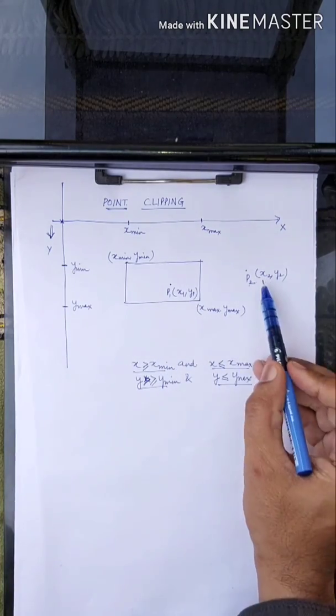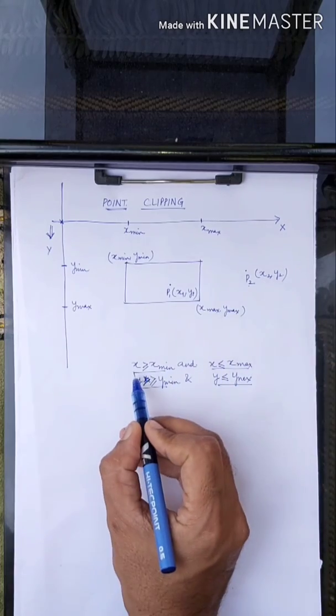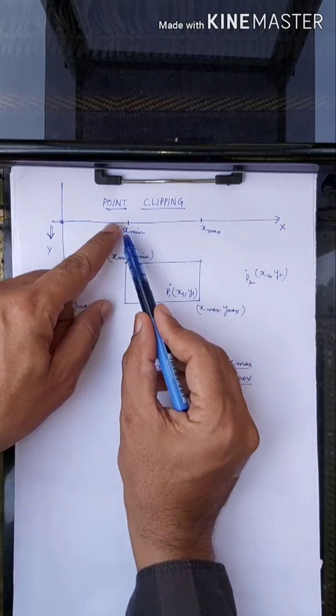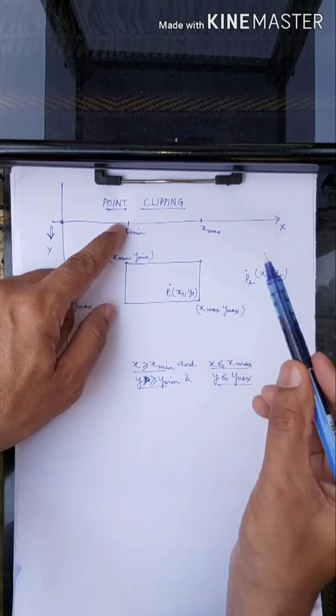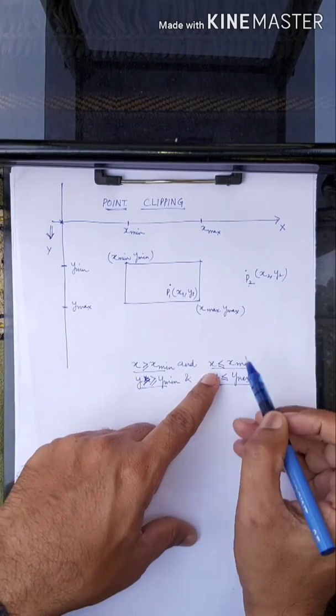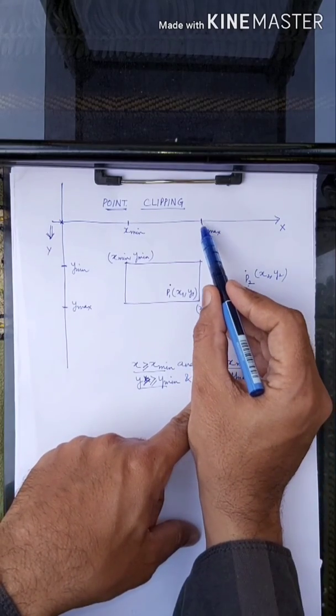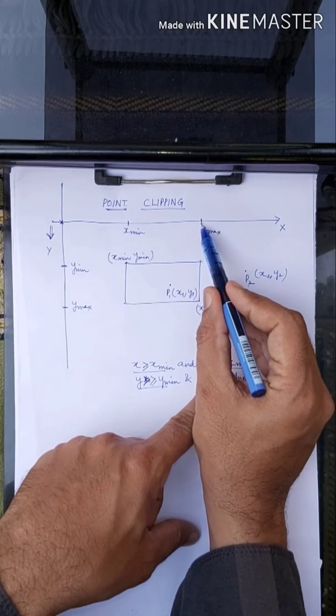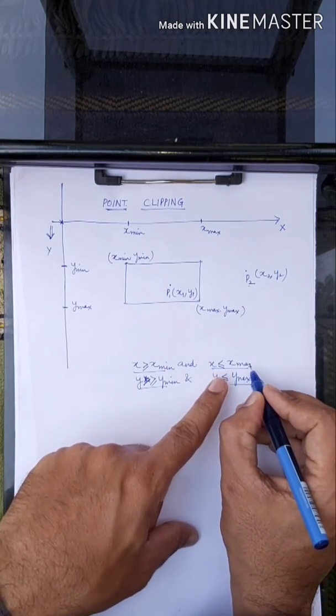But you see, x2 is greater than x min. X min is this, x2 is this, is greater. So this condition is satisfied. X2 is less than x max is not satisfied because x2 is lying here and x max is this. So this condition is dissatisfied.